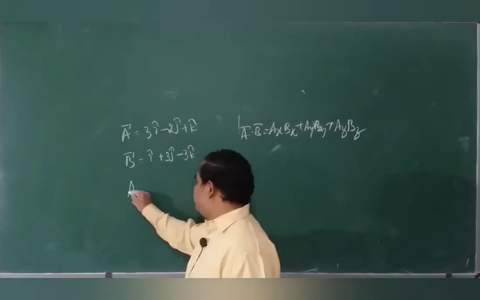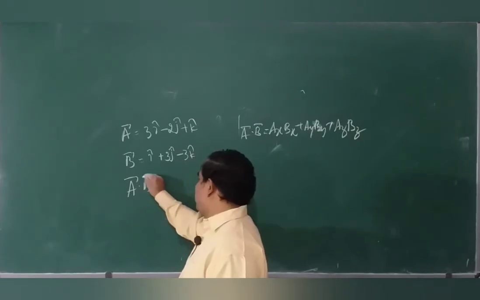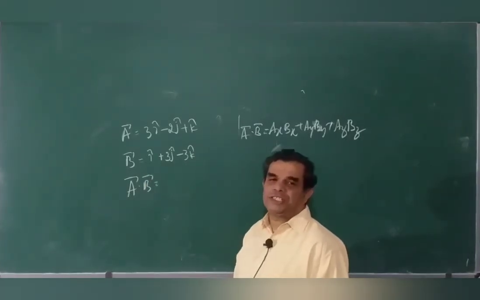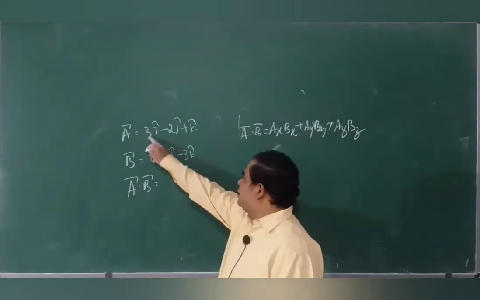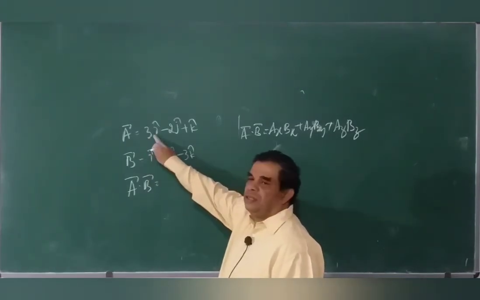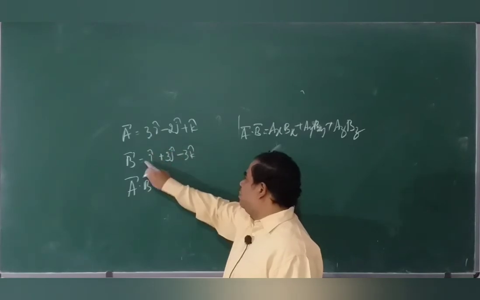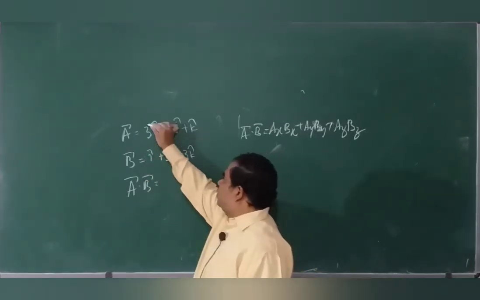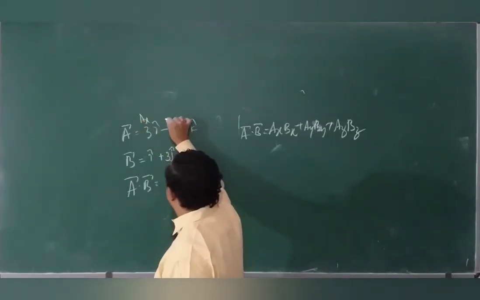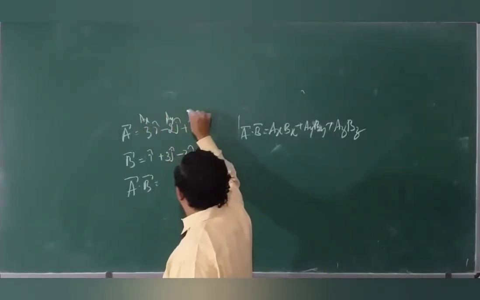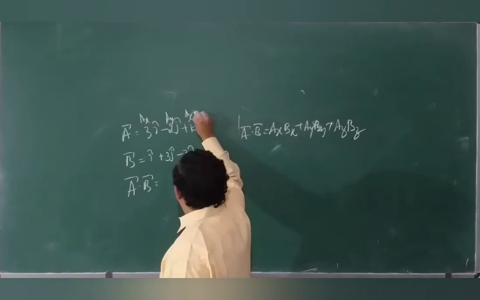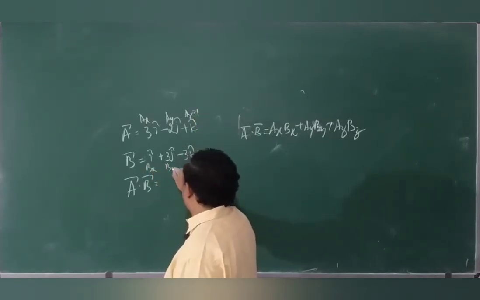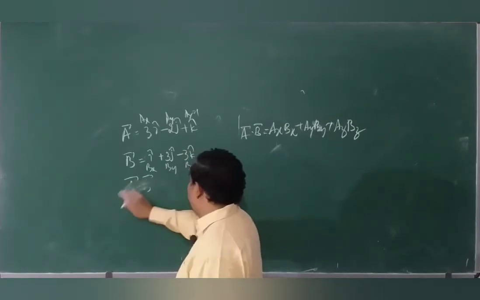The dot product of A and B. What I said? Respective components to be multiplied and added. Say 3 is the coefficient of i cap, 1 is the coefficient of i cap. So 3 into 1. If you take this as Ax, this as Ay, and this as Az, Az is 1 there. Here Bx, By, Bz. We go for it now.